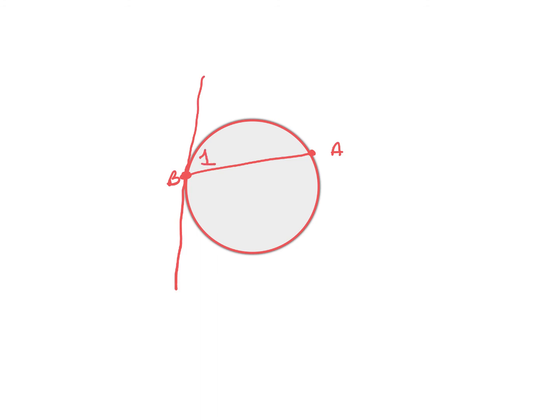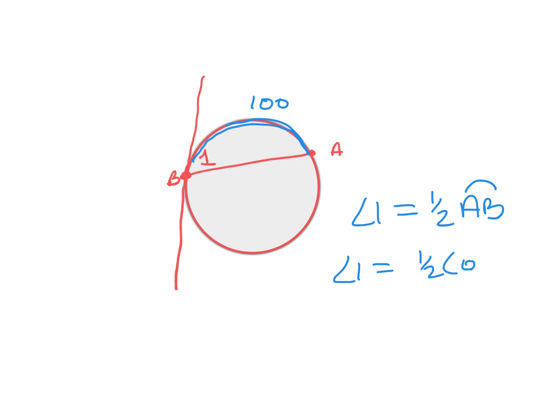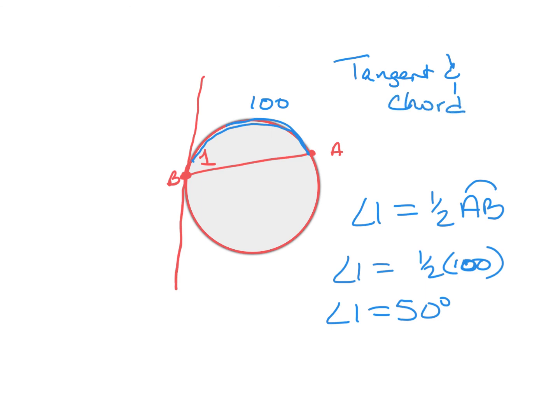And let's say I told you the measure of this arc is 100. So recall that the measure of angle 1 is equal to half the measure of arc AB. So angle 1 would be 1/2 of 100. So angle 1 would equal 50 degrees. This is when a tangent and a chord intersect. Tangent and chord.